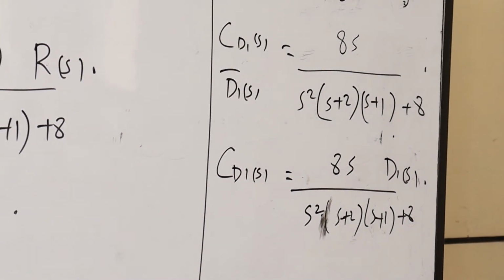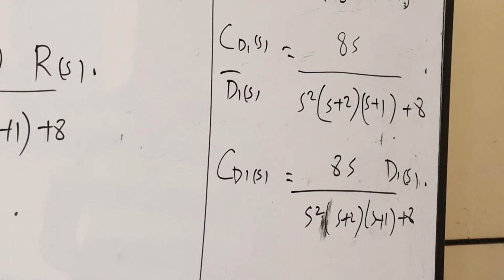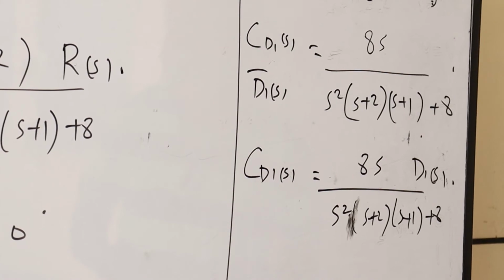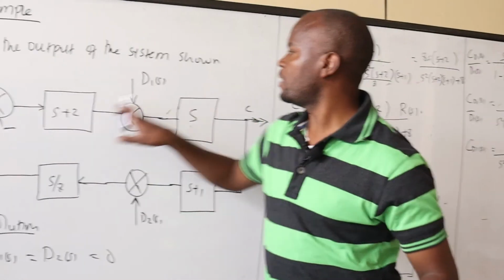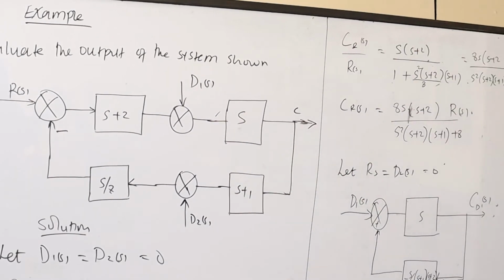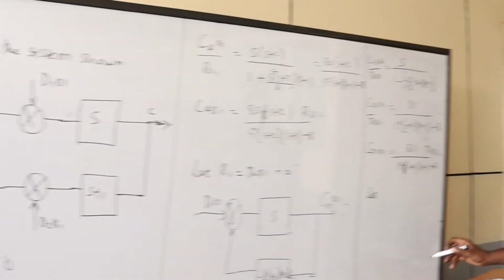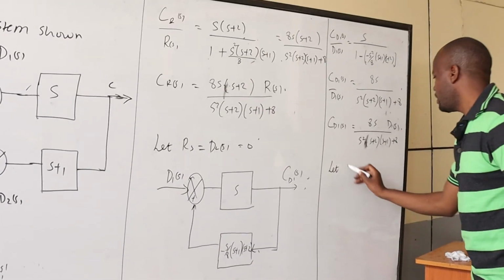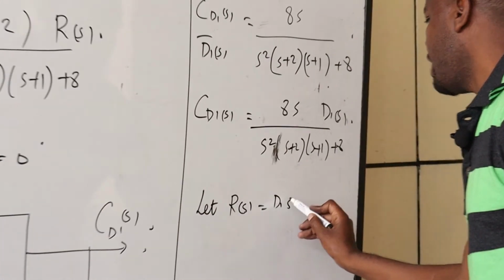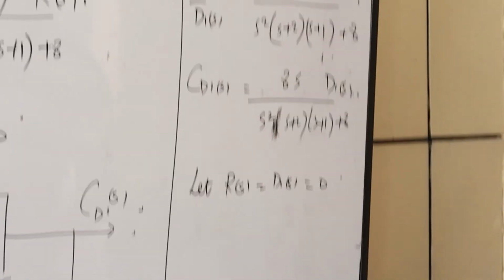Then we can get to the next part, whereby we are going to consider this and that to be 0, so that the only input that is there is this. So in that case, let R of S be equal to D1 of S be equal to 0.